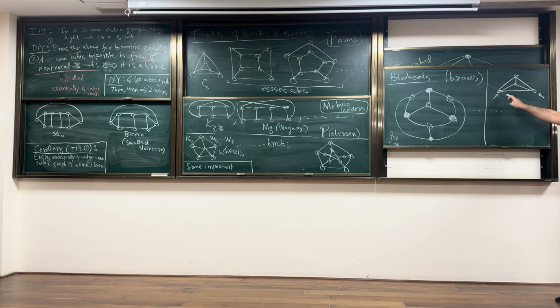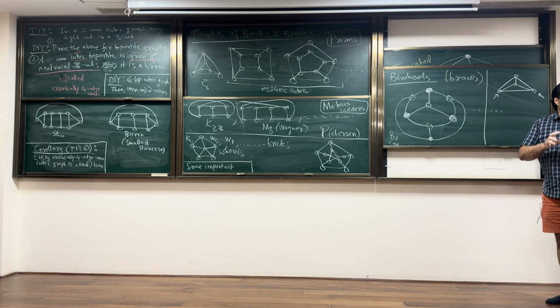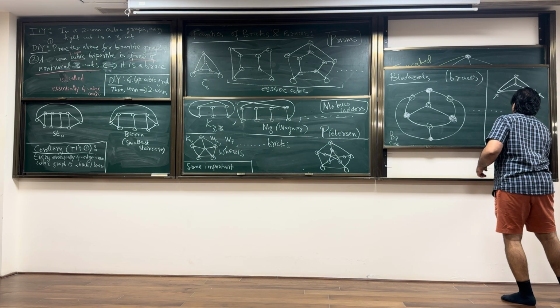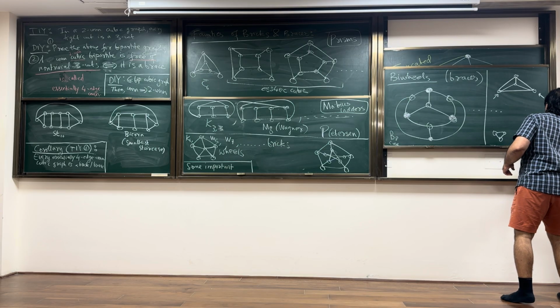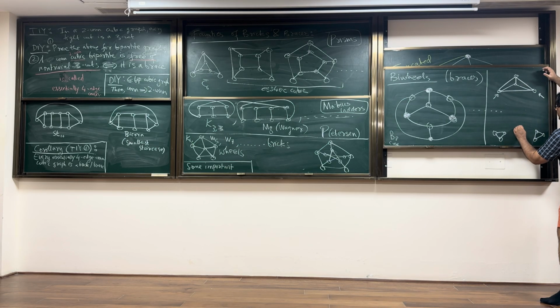So basically replace the vertex by a triangle and replace this vertex by a triangle. I'm going to splice with K4 only, right? So I will get a triangle here. I'll get a triangle here. This will remain as it is.